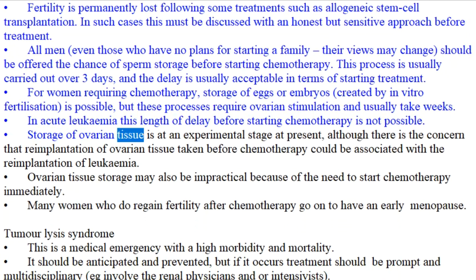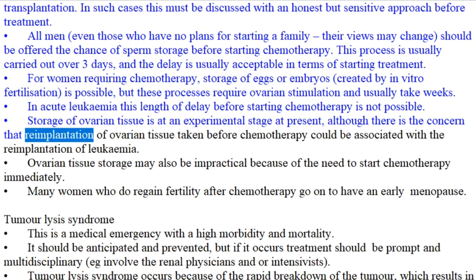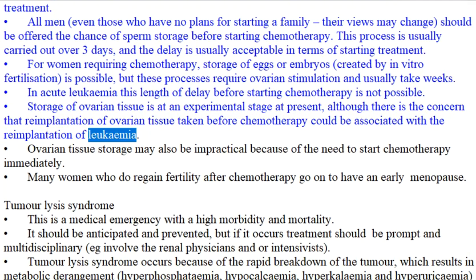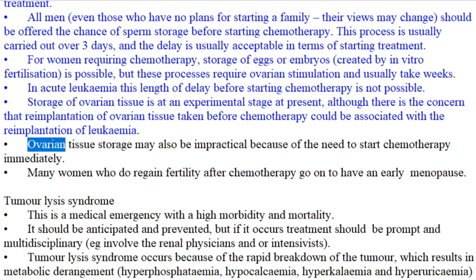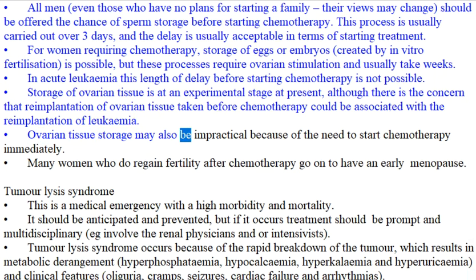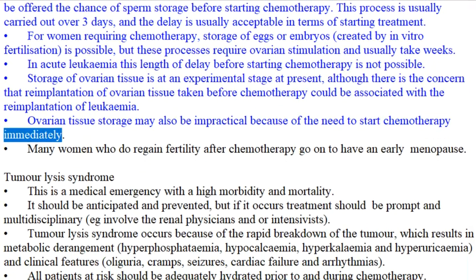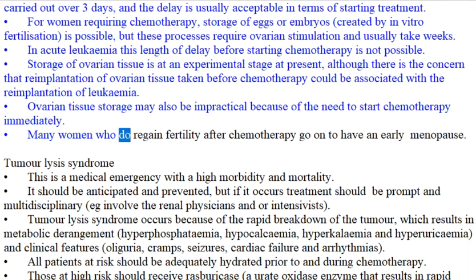Storage of ovarian tissue is at an experimental stage at present, although there is the concern that reimplantation of ovarian tissue taken before chemotherapy could be associated with the reimplantation of leukemia. Ovarian tissue storage may also be impractical because of the need to start chemotherapy immediately. Many women who do regain fertility after chemotherapy go on to have an early menopause.